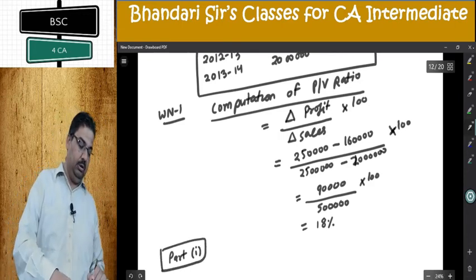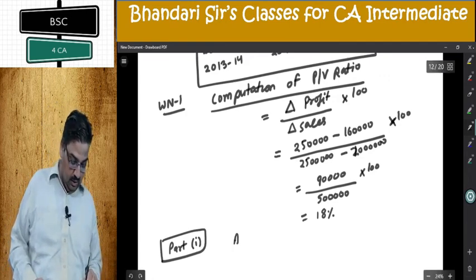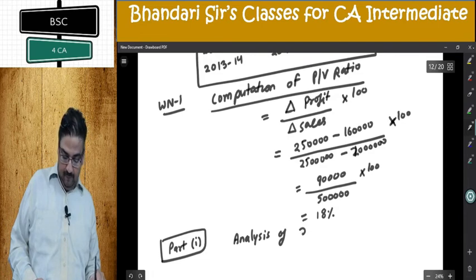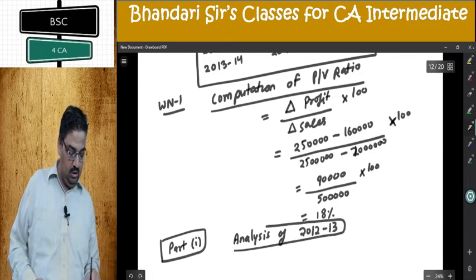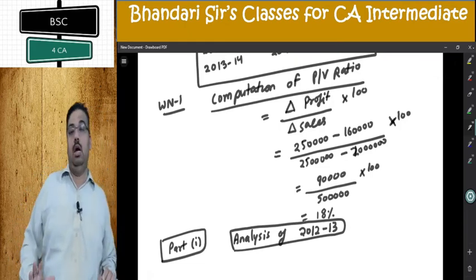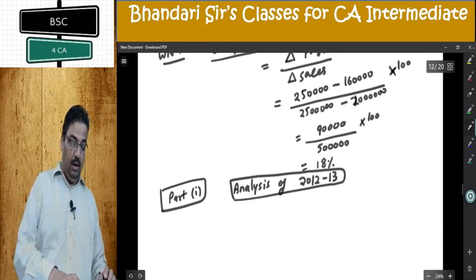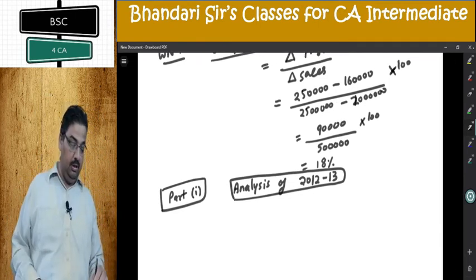Computation of fixed cost. I can do by analyzing any of the 2 years. Analysis of 2012-13. It is your choice. You could do any of the 2 years. Answer is going to be same. Fixed cost is same in both the years. So even if you analyze 2013-14, the answer will be same.